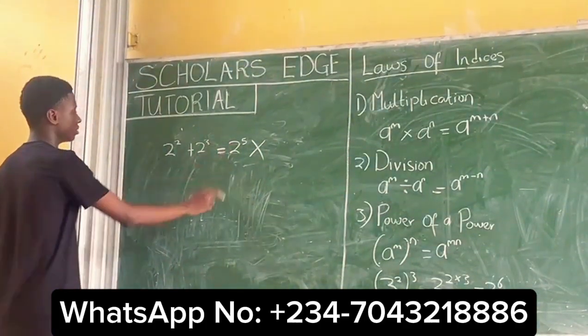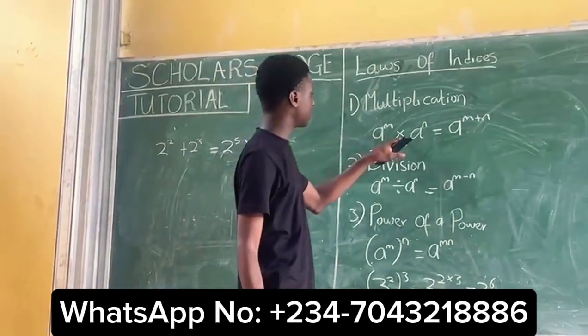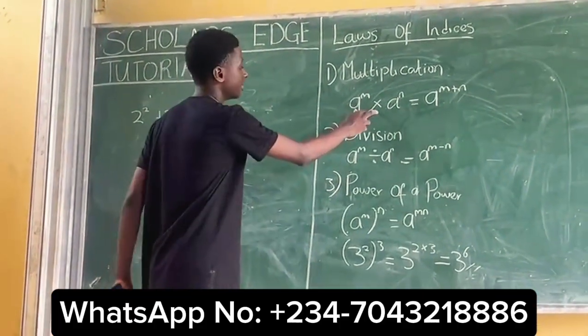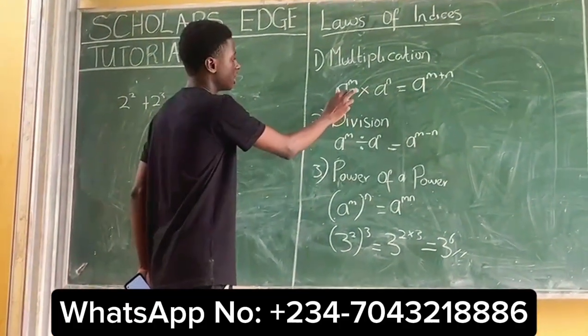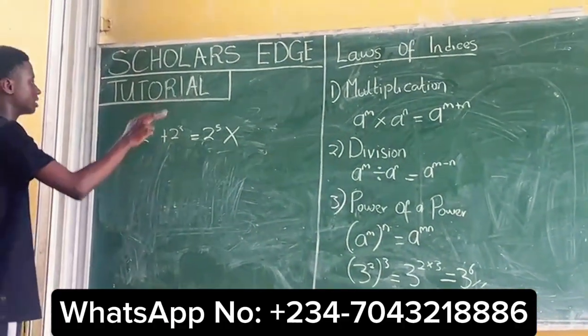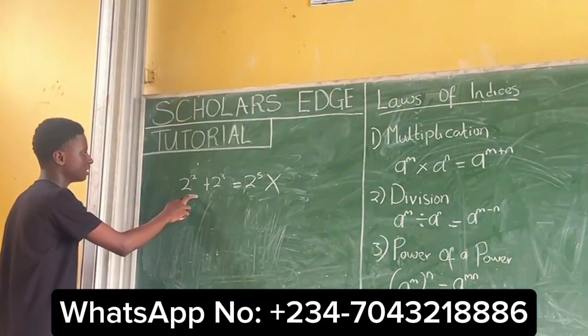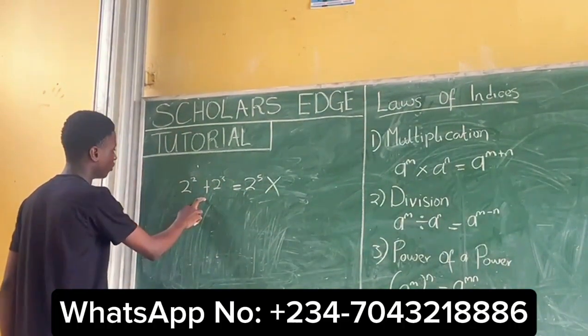This is totally wrong. You don't do this. This law only applies if there is a multiplication sign. That is where you apply that rule. So you don't apply that rule for this.